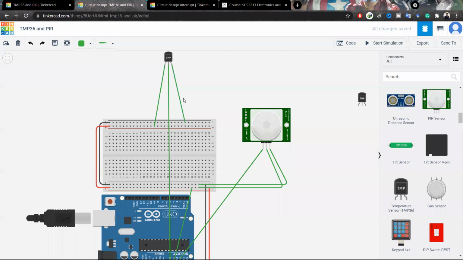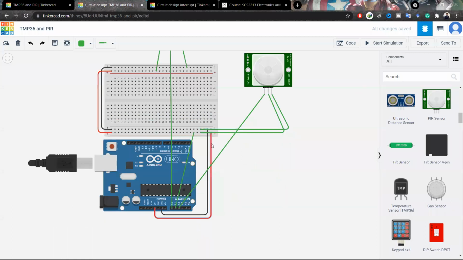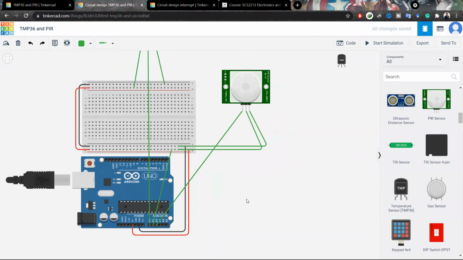So the ground pin is connected to this minus row. Then we have the power pin. I connected it to 5 voltage, right? So 5 voltage is coming from this row connected to this row, then it is connected to 5 voltage.